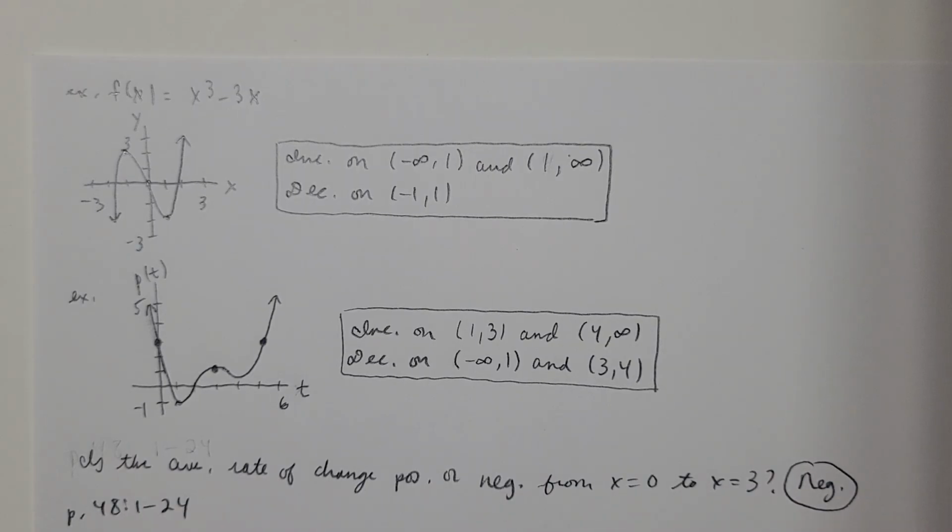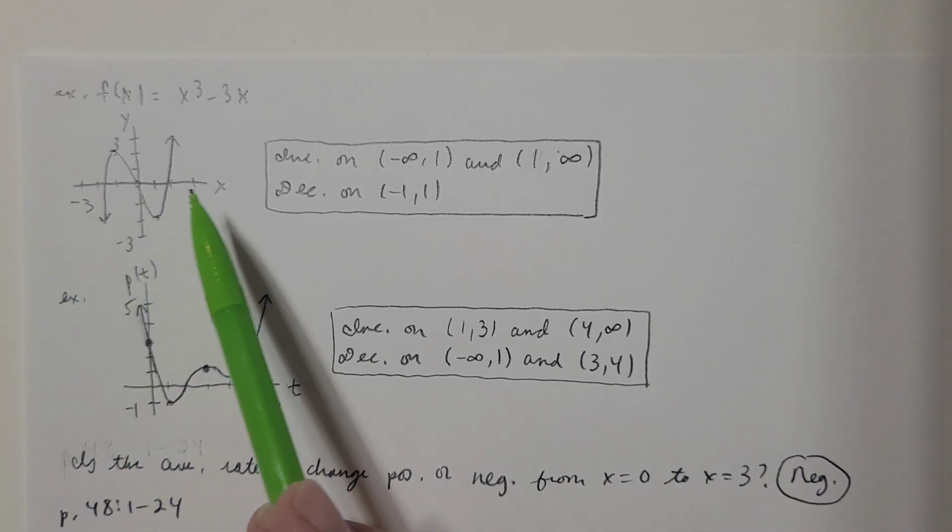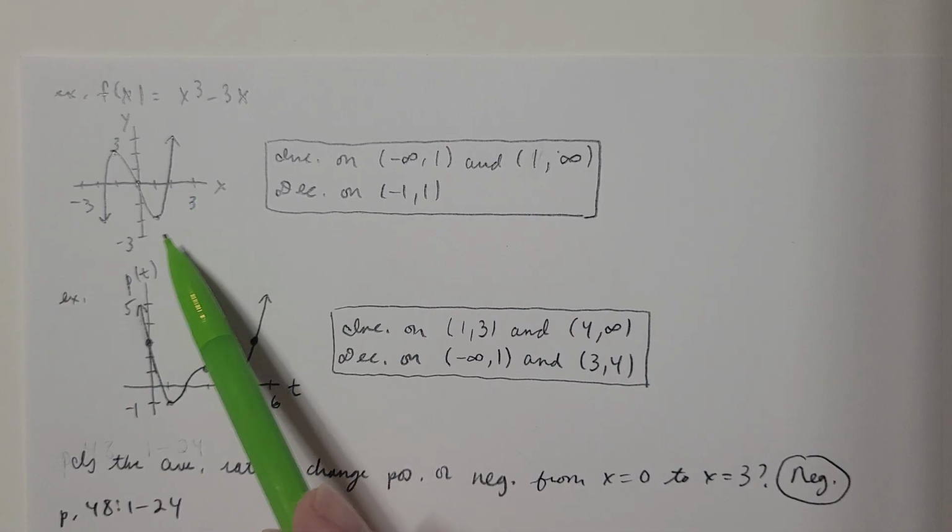Now, I would like us to know where are we increasing or where are we decreasing on the graph? Okay, where are we rising and where are we falling as we scan the graph from left to right? You're always going to scan the graph from left to right.